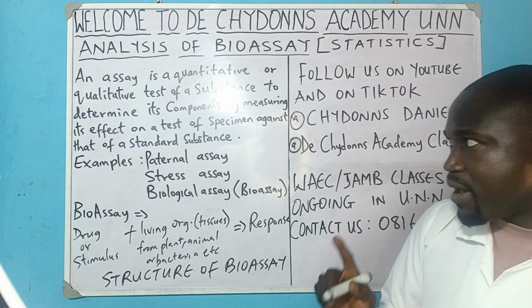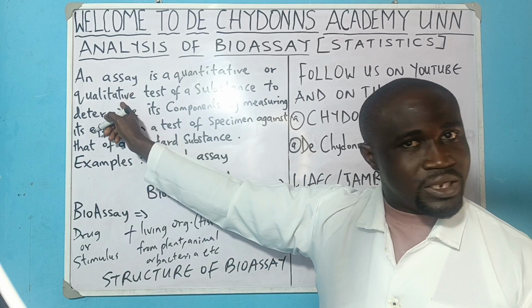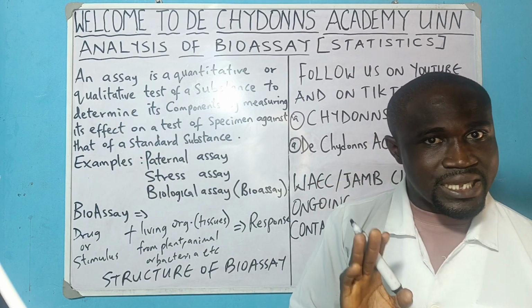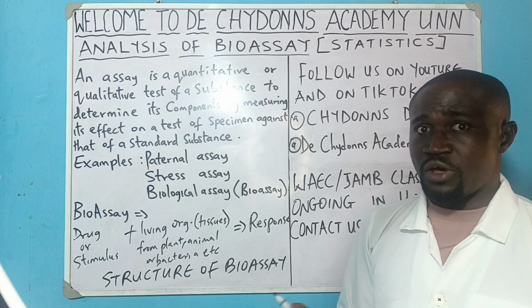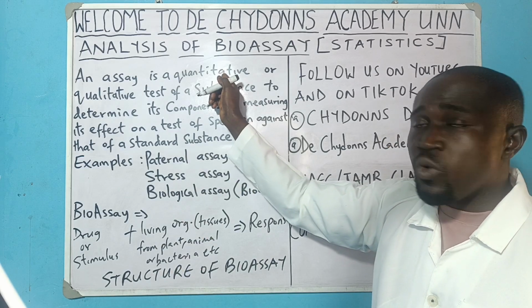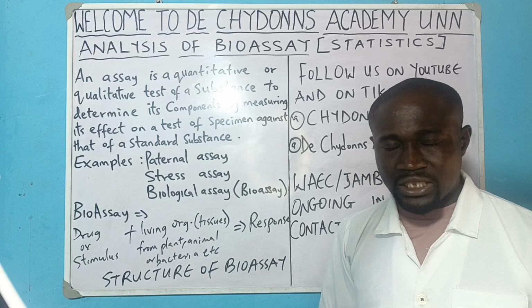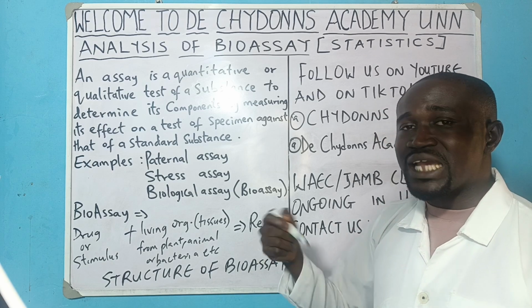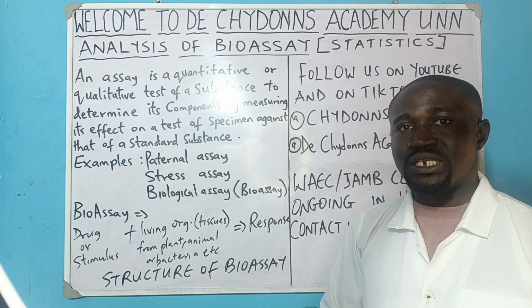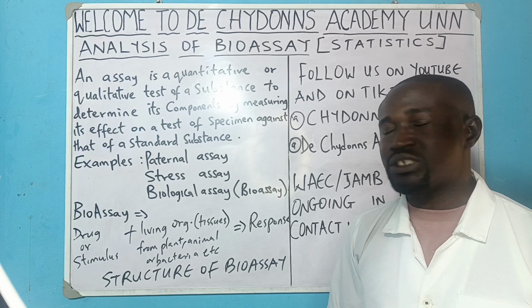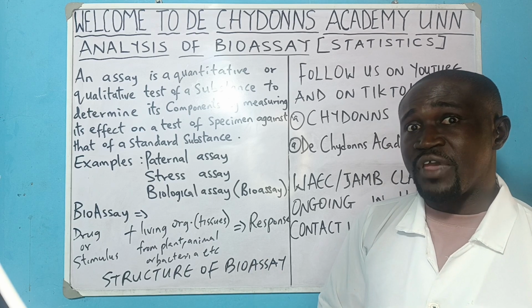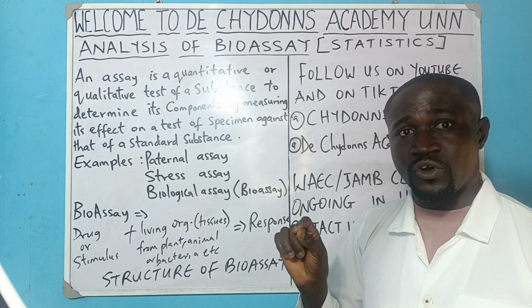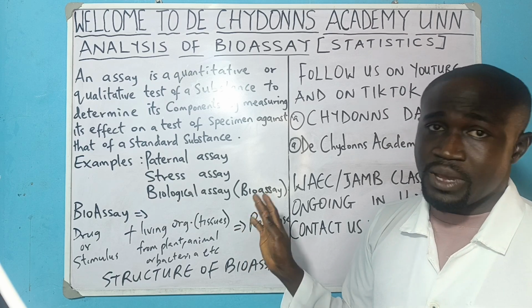Remember, when you are talking about qualitative, you are checking whether it cures this or it does not cure this. So it's not measurable. But when you are talking about the quantitative outcome of it, it means you are checking the quantity, the degree, the extent at which it does a particular thing or not. And you must have the equipment necessary for that, so you'll be able to get it.